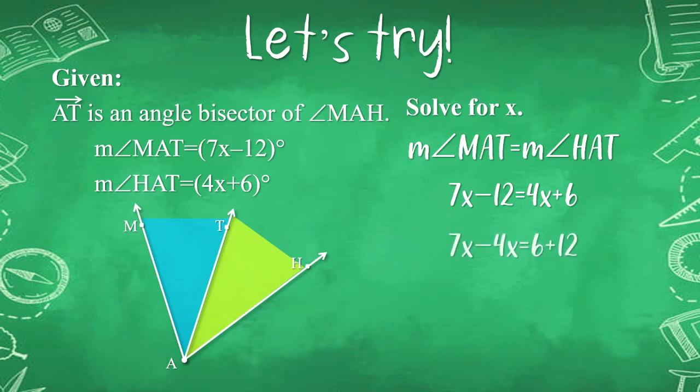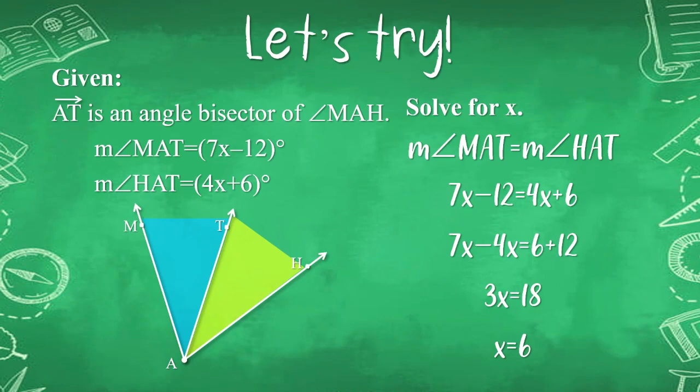By addition and subtraction property of equality, we can rewrite it to 7x minus 4x is equal to 6 plus 12, leaving 3x is equal to 18 when simplified. And by division of 3 on both sides of the equation, we get x is equal to 6.